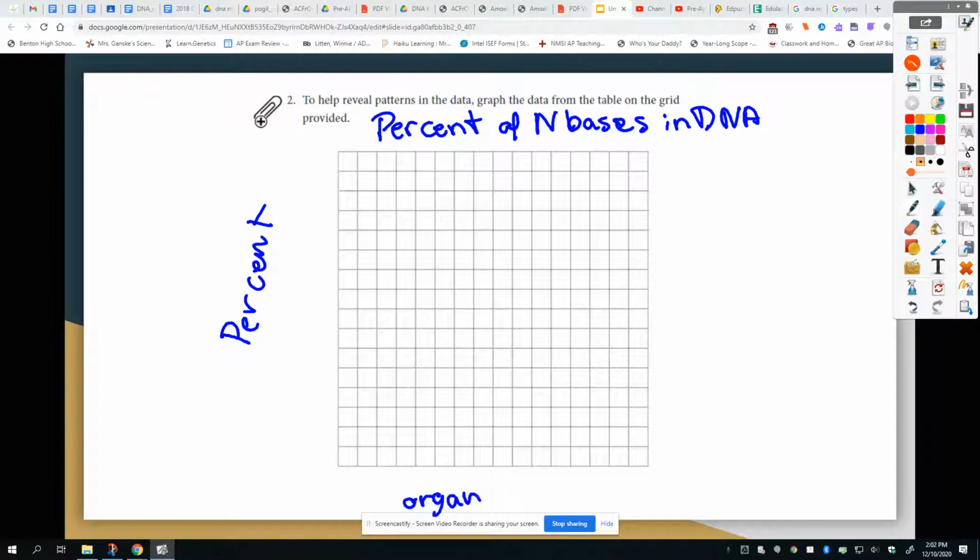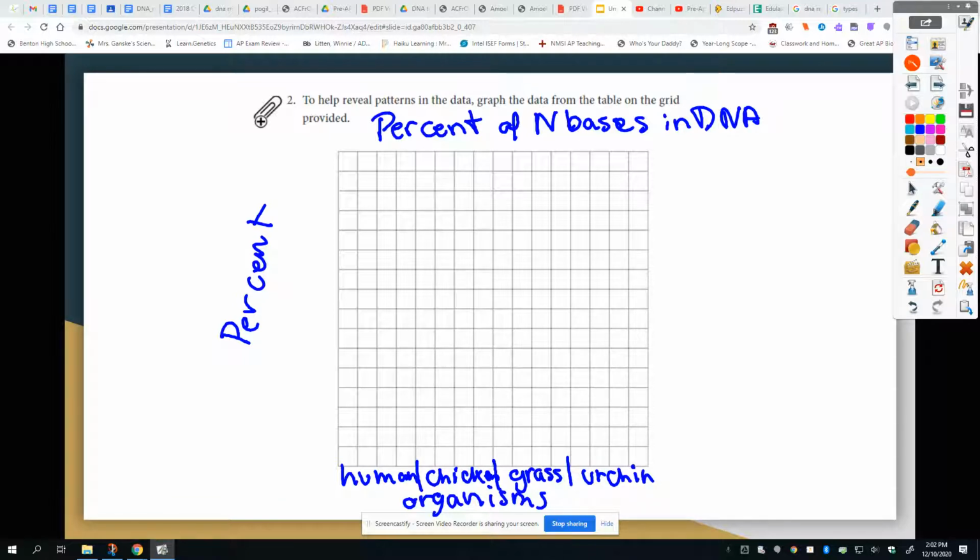There are other ways to do it. To me, this is the most efficient, where you're going to divide it out by organism. So you have human, chicken, grasshopper, and urchin. And then in each of these, I would have put a bar for each of the bases.